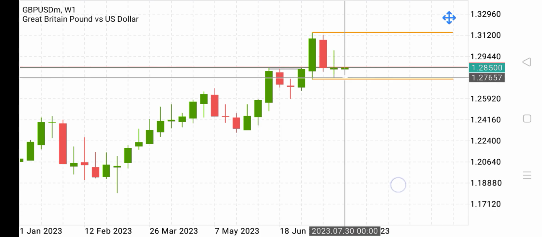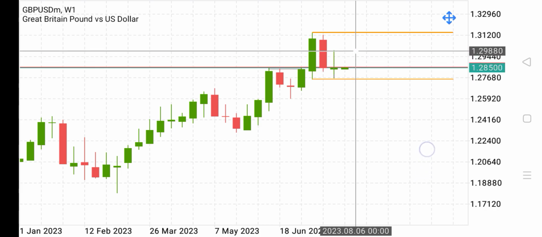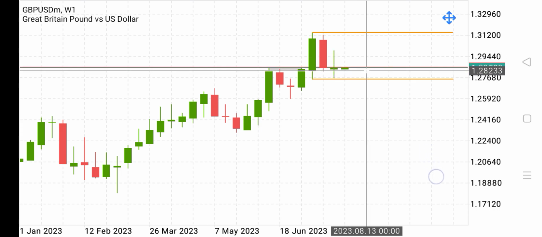It showed us that last week prices were ranging, the buyers were in control of the market and also the sellers were in control. The buyers were in control from this point to this point before the sellers pushed it down to this point, and later the buyers took it from this lower point and closed with this body.